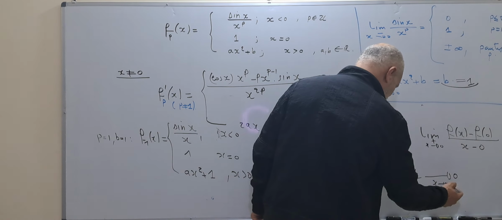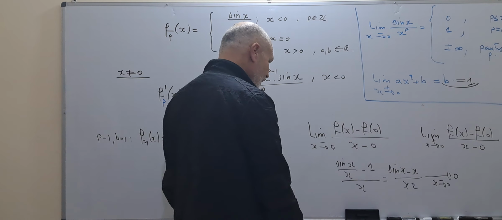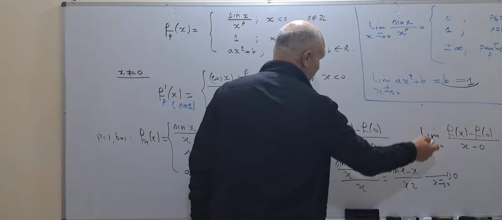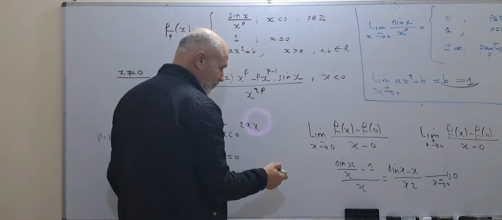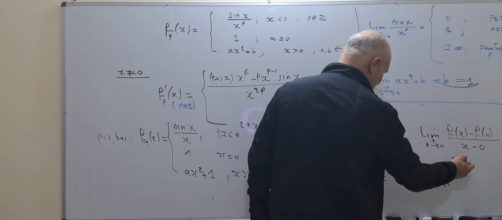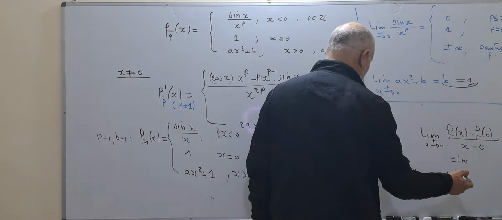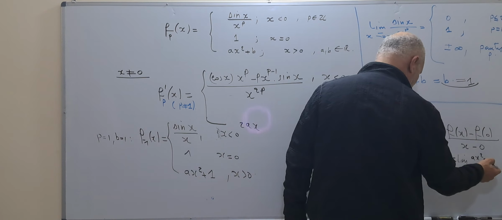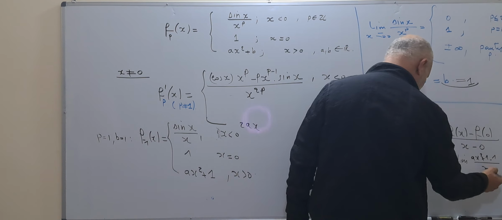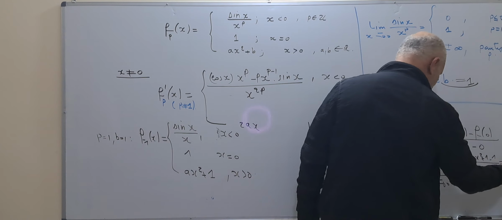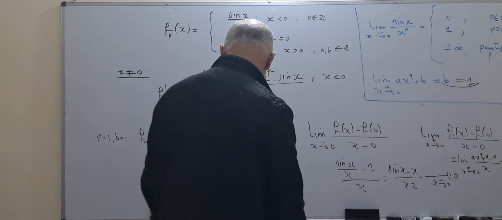And from the right, this is the limit of (ax squared plus 1 minus 1) over x as x goes to 0 plus, and this also goes to 0.